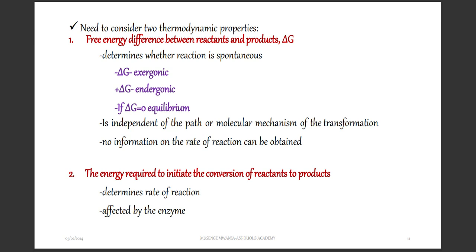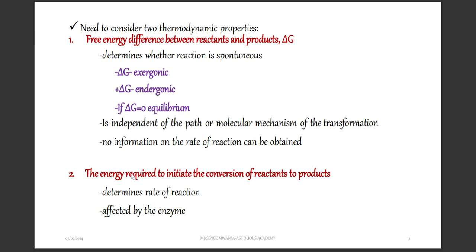Every time you see delta G is negative, it means that the reaction is spontaneous, it's happening by itself. When delta G is positive, it means that this reaction is endergonic, you are gaining energy, and that reaction is not spontaneous. If delta G is 0, it means that your reaction is at equilibrium.